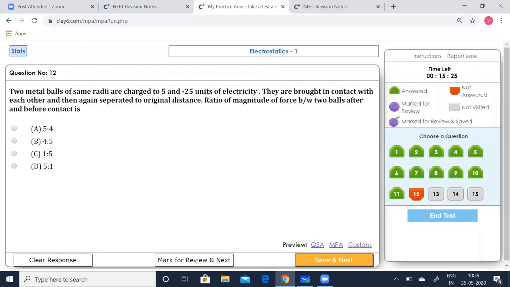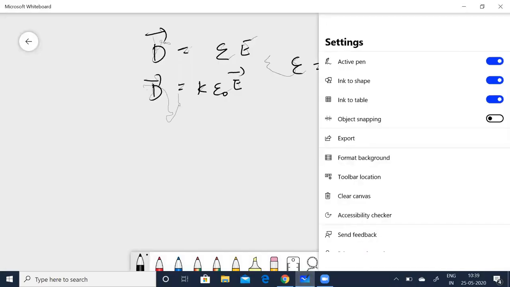Let's solve that. The charges are 5 and minus 25 units. After contact, Q1 is equal to Q2, which is 5 plus minus 25 divided by 2, which is minus 20 by 2, which is equal to minus 10.